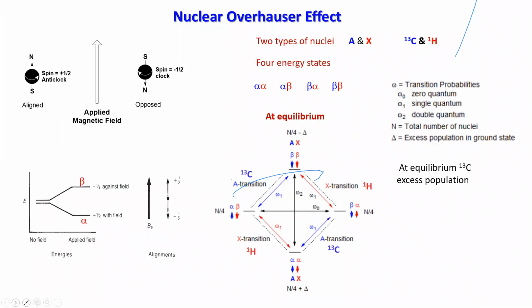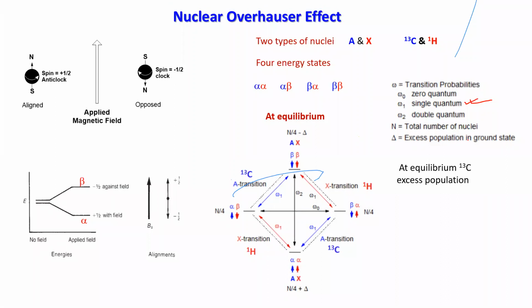Let me tell you that when you are considering the excess population of 13C, in regular transition, the allowed transition is single quantum transition, if you are irradiating to have the transition.